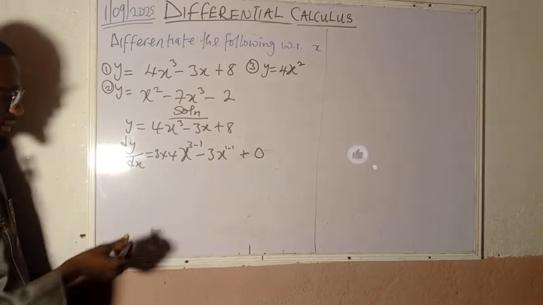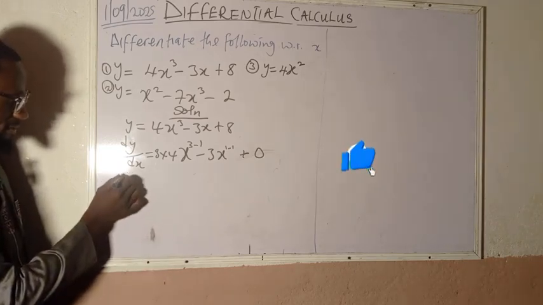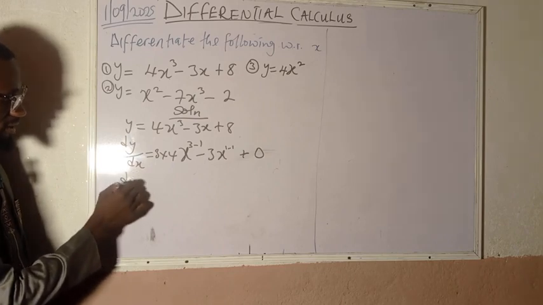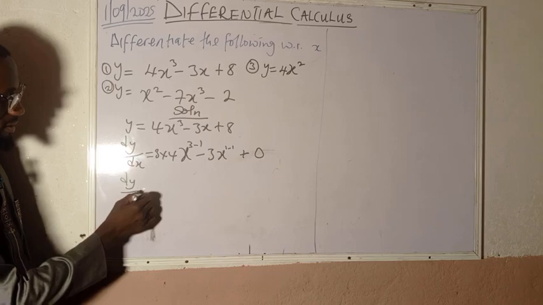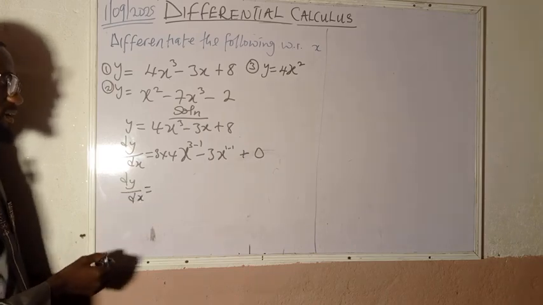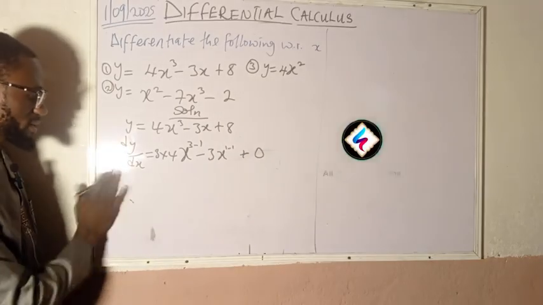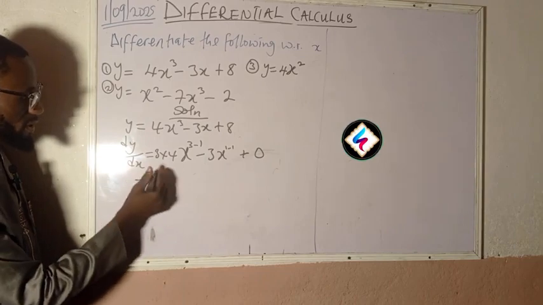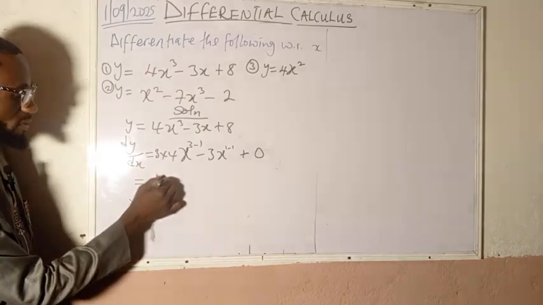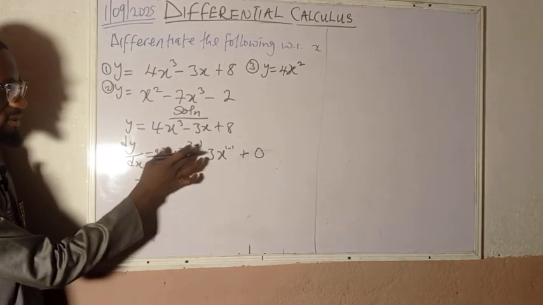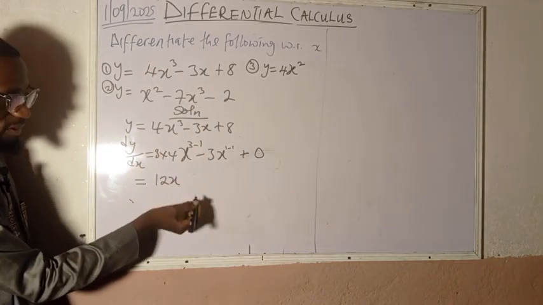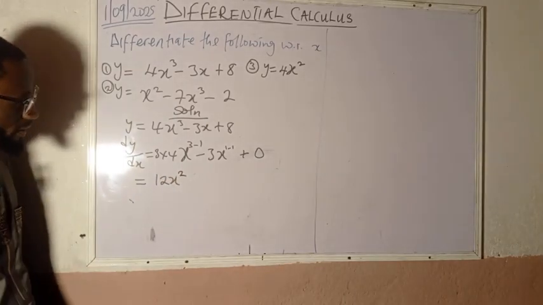Now dy over dx is equal to 3 times 4, which gives 12x, and 3 minus 1 in the power gives 2.